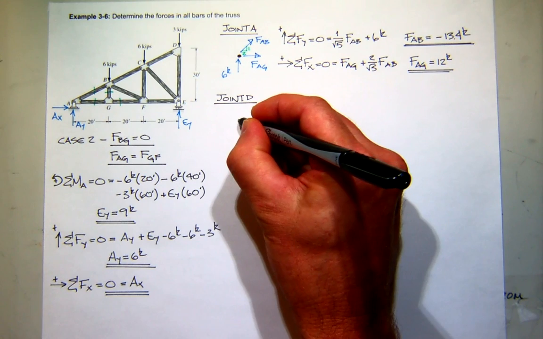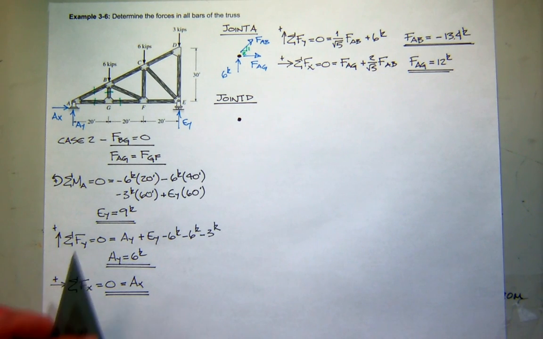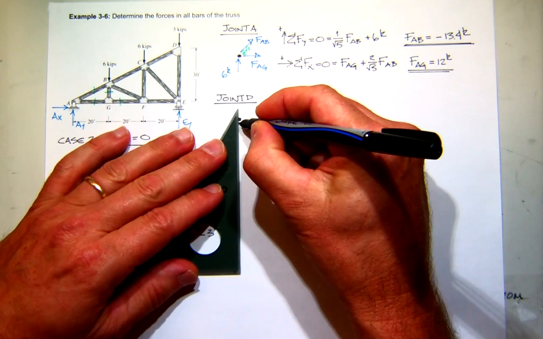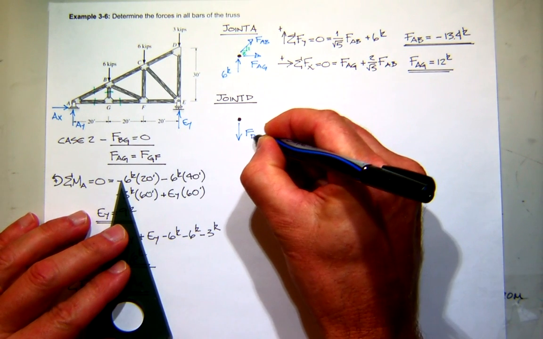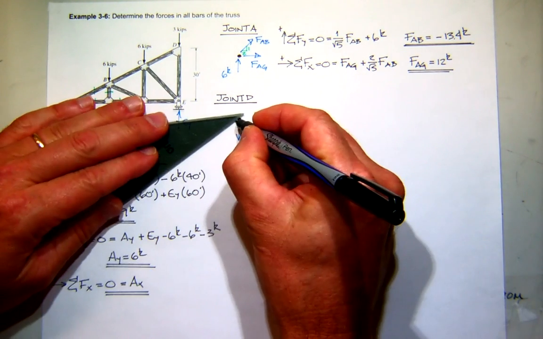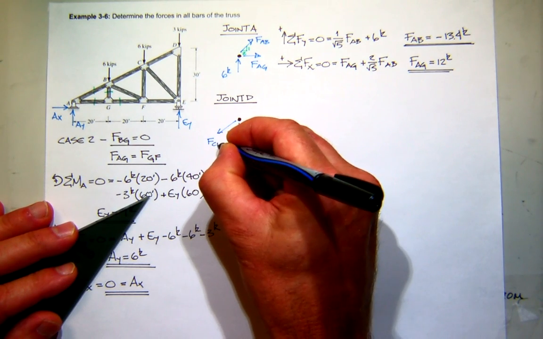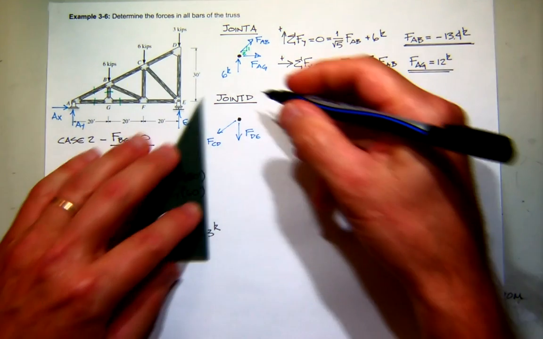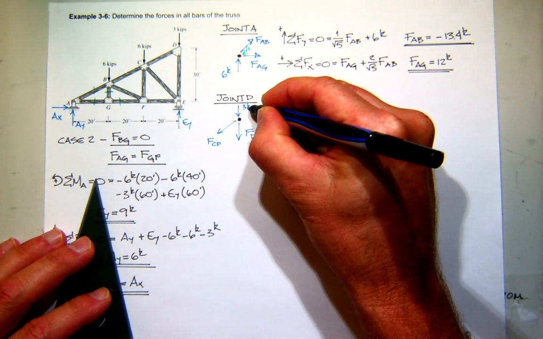So here's my connection at D, and I have a force in DE, and I have a force in CD, and of course I have my applied load, which is sitting on top, which is 3 kips.